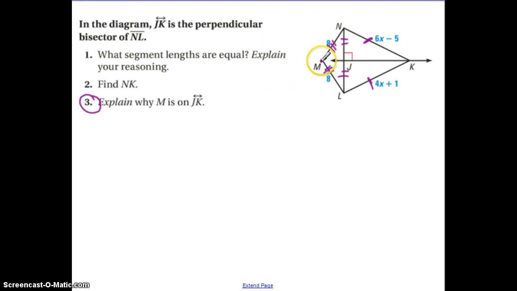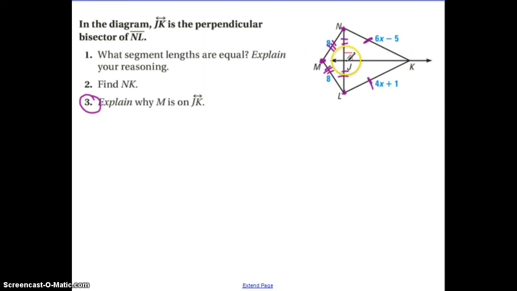Also, let's talk about 3 here. We know that M is on JK because this is, again, the converse theorem 5.3. If we extend these lines to the endpoints of this segment, and they are equidistant, so they are the same measure, then this point M must lie on our perpendicular bisector.